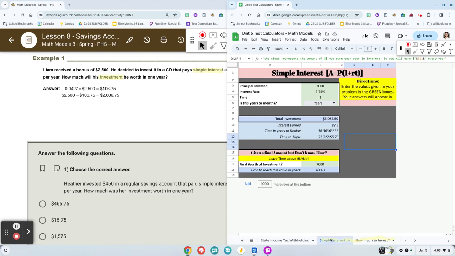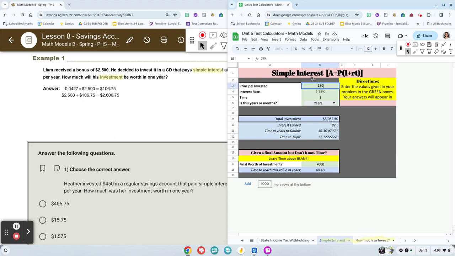We're going to need the simple interest one first because this one tells us how much we're starting with. So the $2,500, whatever we start with, that is called our principal. It's what we want to invest.